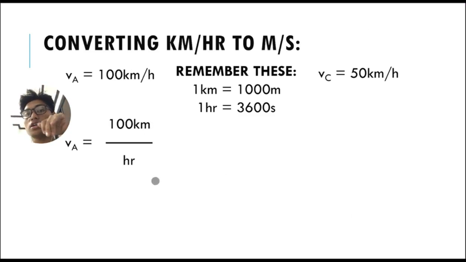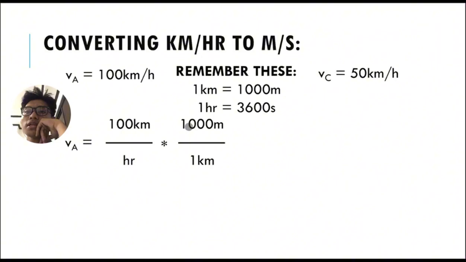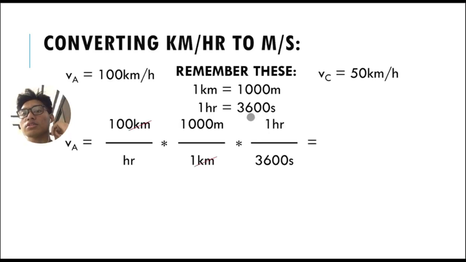To do the conversion, kilometer per hour, kilometer over hour, times 1,000 meter, para makancel si kilometer. And 1 hour is equal to 3,600 seconds. Ngayon, we have to cancel out yung mga hindi kailangan. Ano matitira? Meter per second. So, we have to simplify and we will get 27.7778 meter per second.